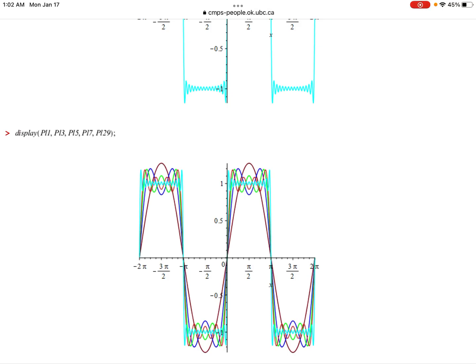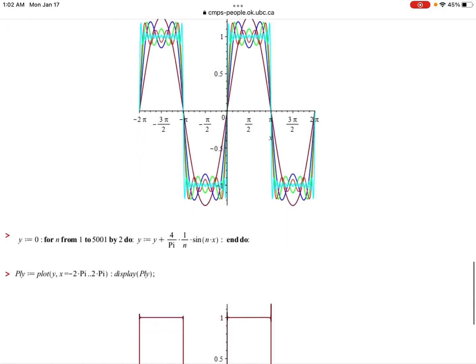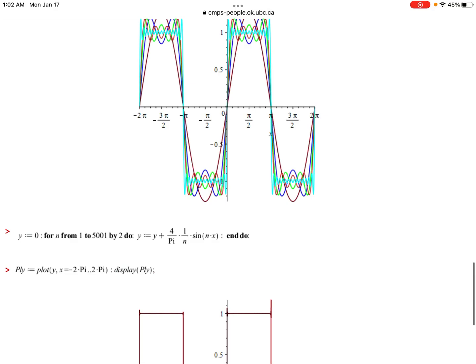So here, I wrote a loop in Maple to sum all of the Fourier terms for our square wave up to m equals 5001. Now, of course, it's keeping only the odd terms in that sum, and so there's probably about 2,500 terms in this sum.